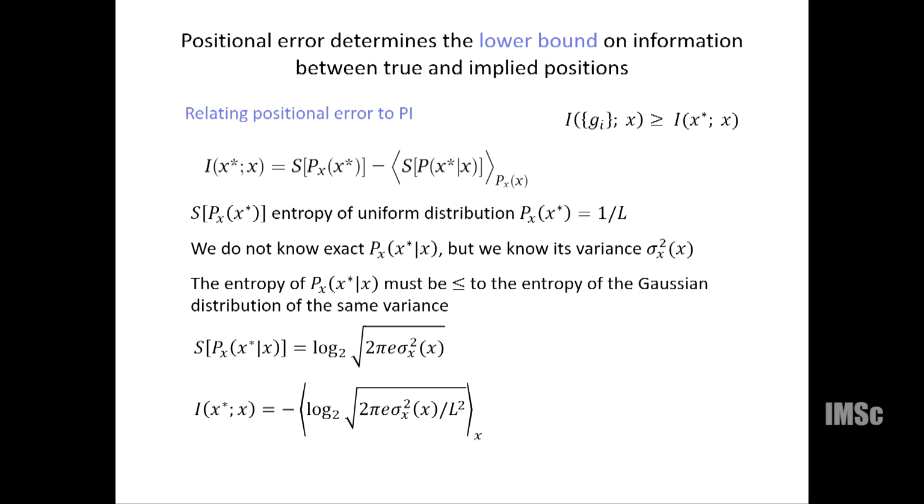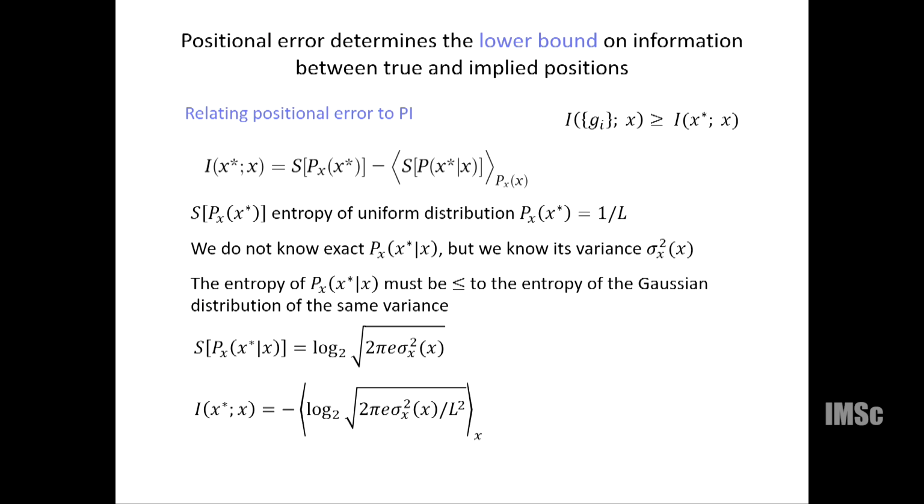In general, the conditional probability of the implied fate given the actual position can be some kind of complicated distribution, but we know that its entropy must be less or equal to the entropy of a Gaussian distribution of the same variance. And then we could use this to get a lower bound on the information between true and implied position.